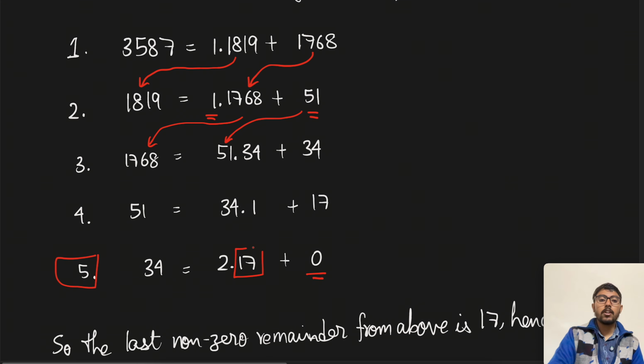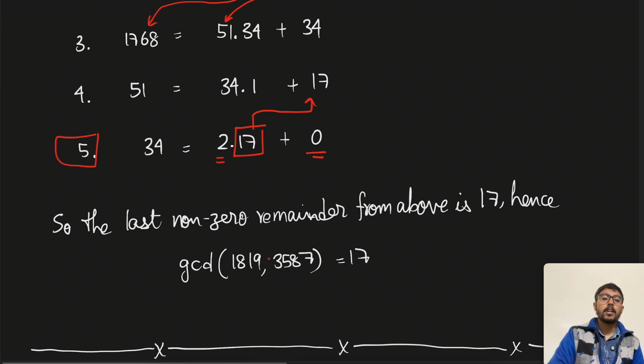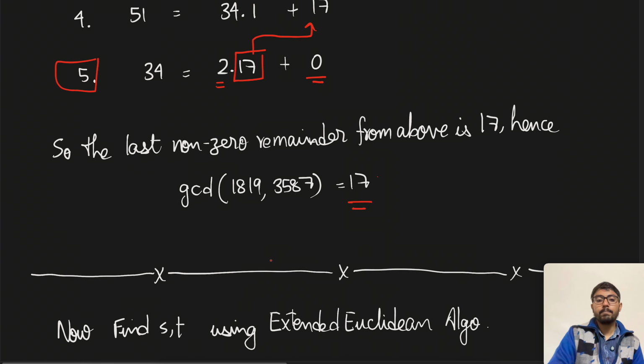Here the quotient for 17 is 2, but remember the divisor here is actually the remainder in the last step, right. So as per the rule, the last non-zero remainder from above is 17, hence GCD of 1819 and 3587 will be 17.